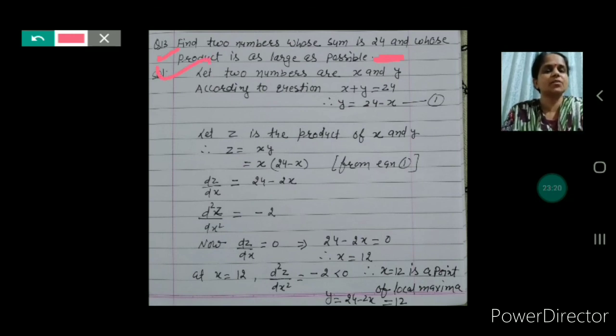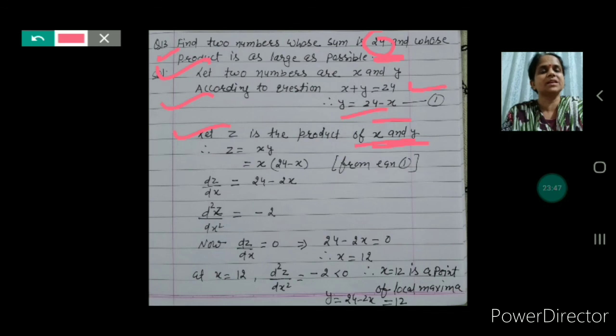According to the question, the sum of the numbers is 24, so write x + y = 24 and find y. y will be 24 - x. And now let z be the product of x and y. So z = x·y.